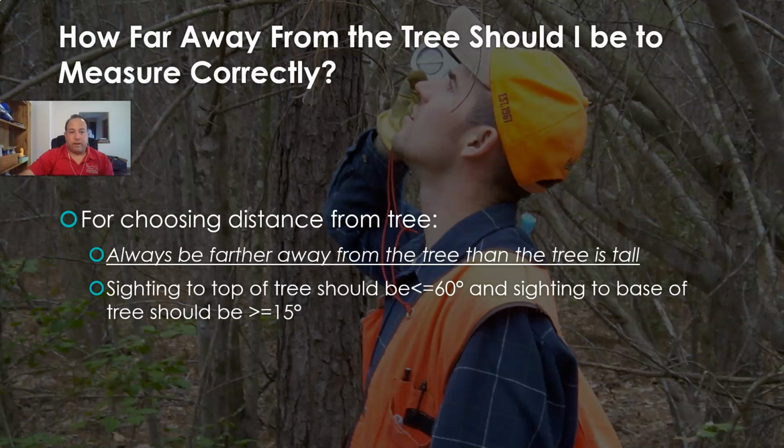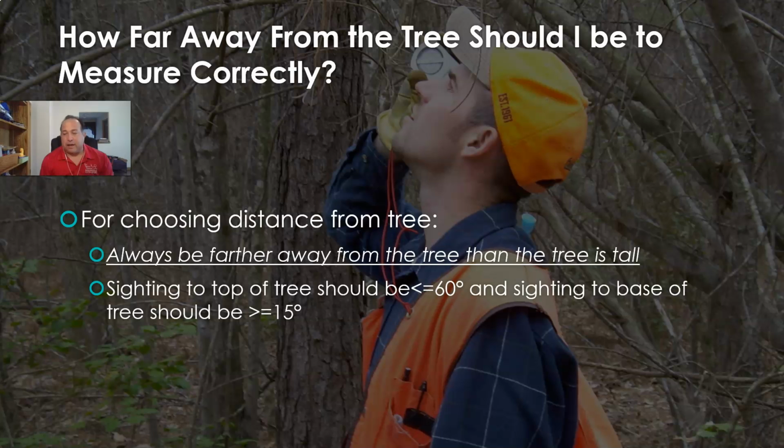So it's really important in terms of how do I measure a tree. In order to measure it correctly with a clinometer, one of your biggest takeaways is how far back should I go from the tree. And the easiest way to think about it is you want to be farther back than the tree is tall.